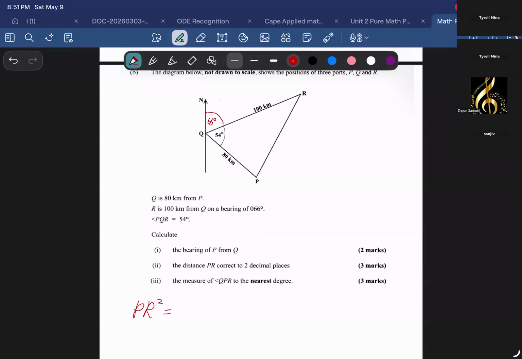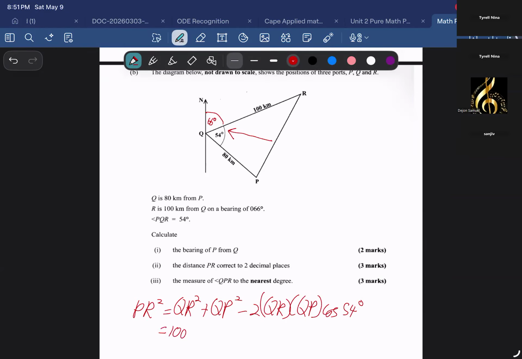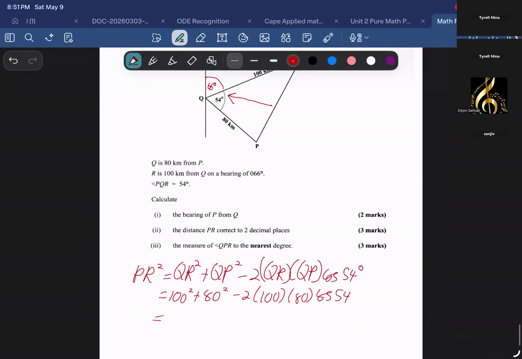PR squared is QR squared plus QP squared minus 2 by QR by QP by cos 54. How do I know that's 54? Because I'm taking the angle opposite the side. So this is 100 squared plus 80 squared minus 2 by 100 by 80 cos 54.